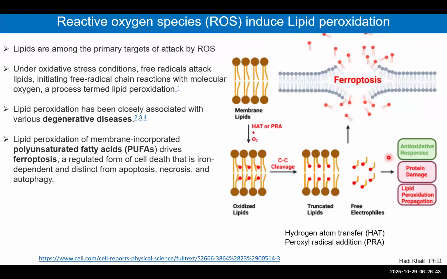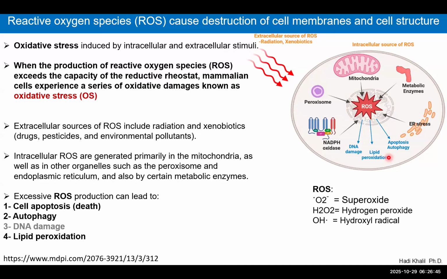So what is first an oxidative stress? Oxidative stress is induced by external stimuli, radiation, like drugs, inflammatory responses, or by the intracellular signaling that I just described for you.